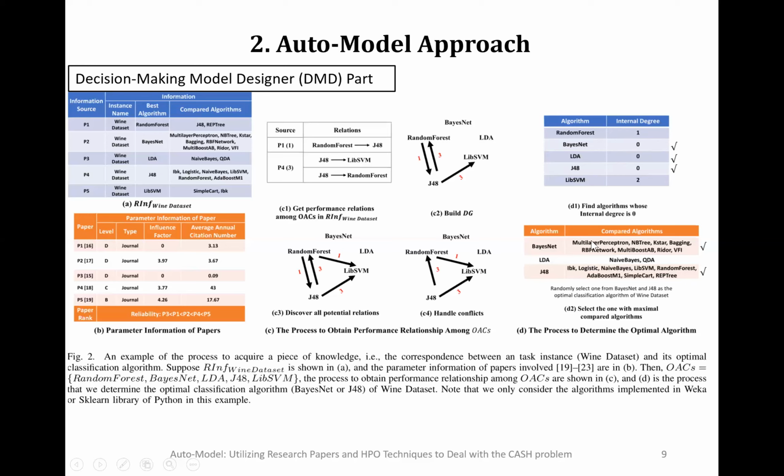In the final step, for each candidate, we count the number of algorithms that are proved to be less effective than it, according to the final graph and the table that we get. And finally, we select the candidate algorithm with the most compared algorithms beaten and consider it as A*.